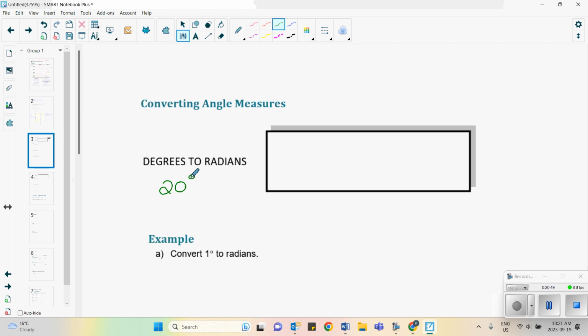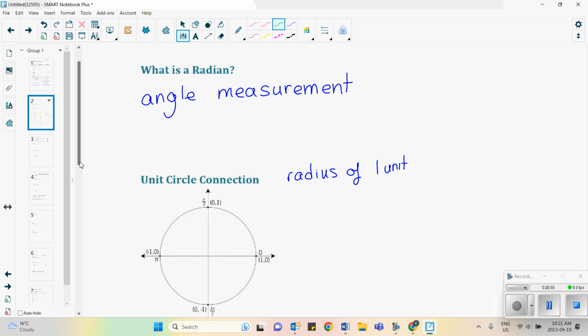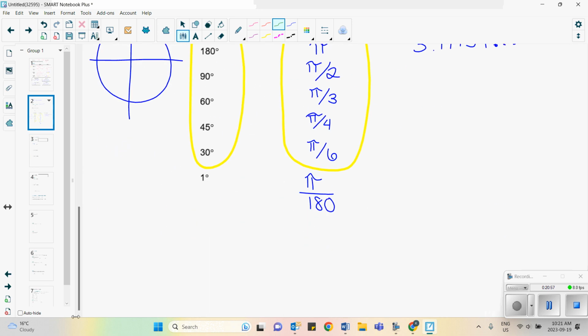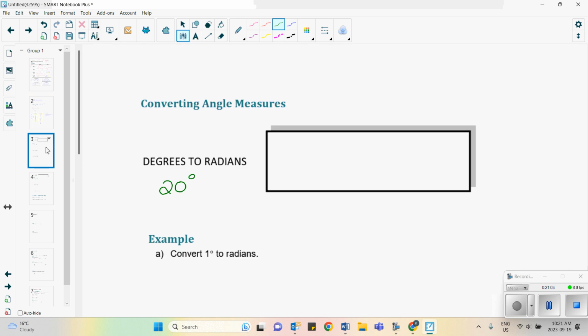You're going to do some mathing. How much is each degree worth? Pi over 180. So whatever our number is, we multiply it by pi divided by 180.